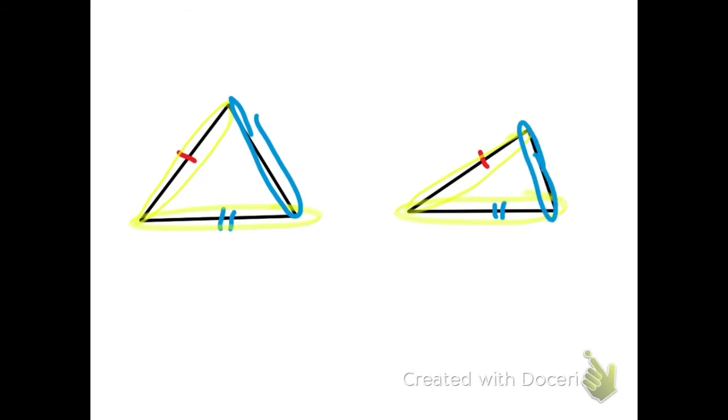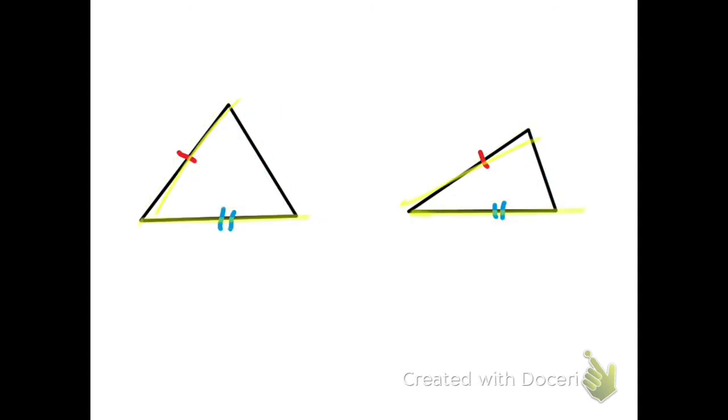What we're doing here is comparing this unknown third side, which one's longer, which one's shorter. But that's not the only information that we're going to have. I do have to start with congruent, congruent, congruent, congruent, but I also have information on the included, or in between, angles, so these angles right here.